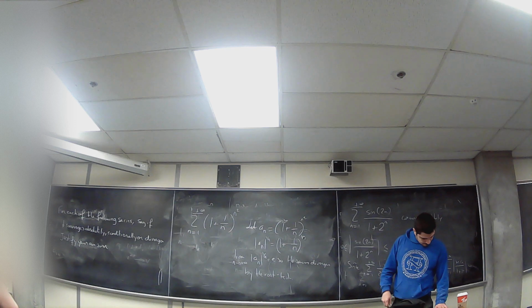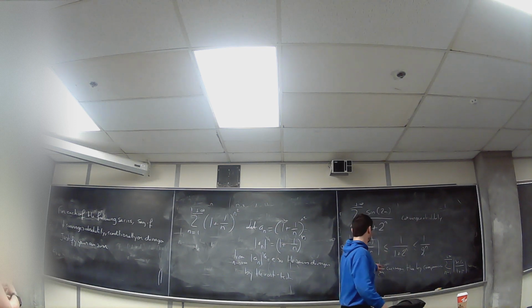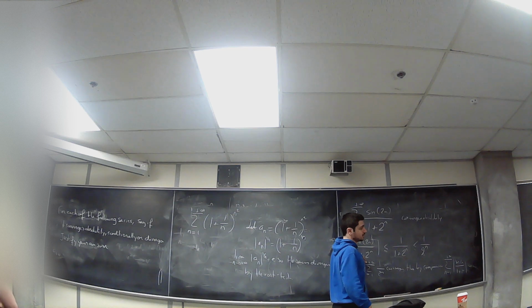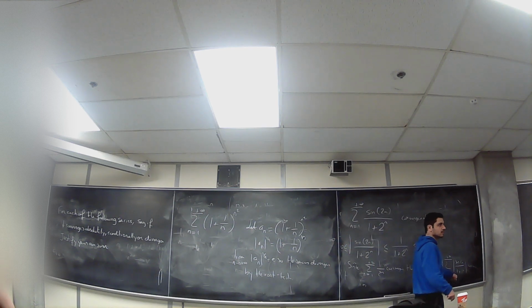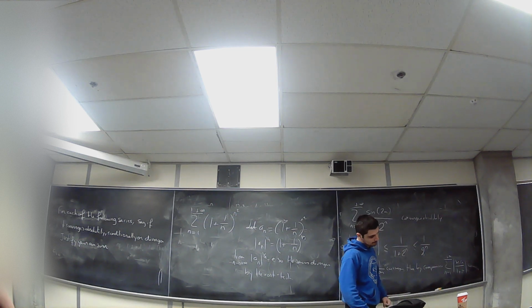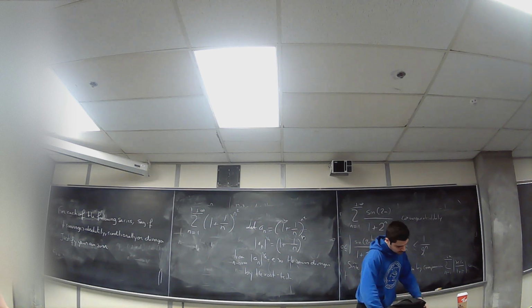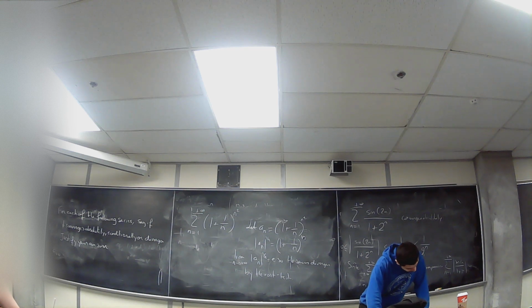Okay? Alright, how did you determine that it converges absolutely? Because the series of the absolute value converges. That's right. So if the series of the absolute value converges, then by definition this converges absolutely. Okay? Is that clear? Great.